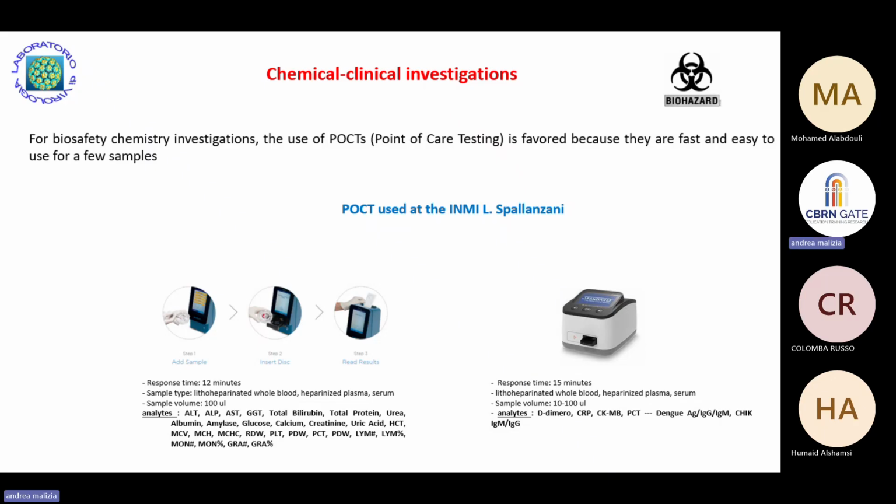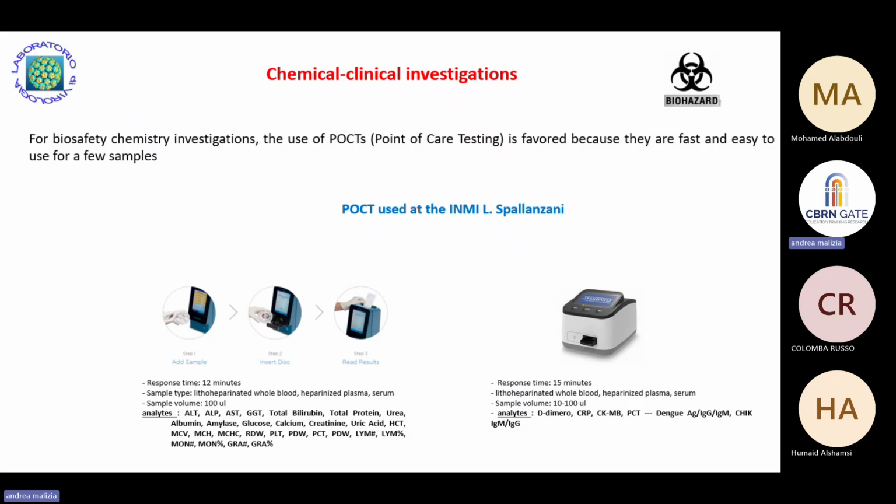So when we work, important in BSL3, but more important in BSL4, is the presence of point of care testing to analyze biochemical parameters, and it's important also for differential analysis.